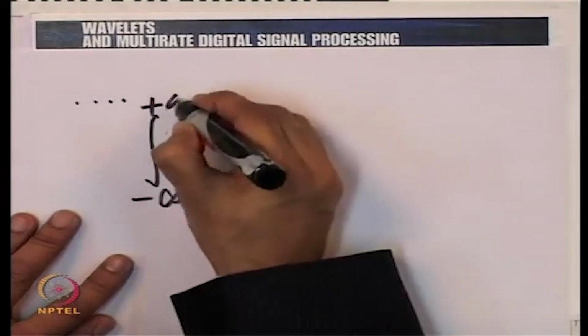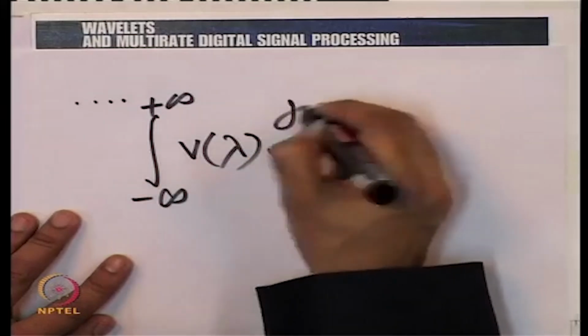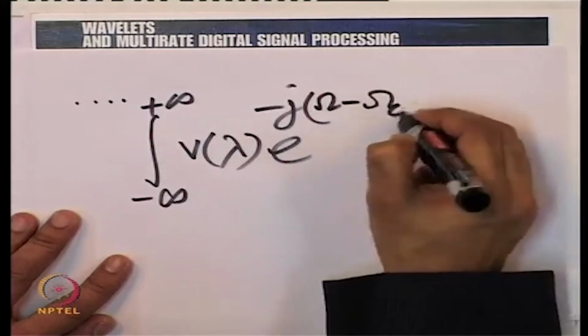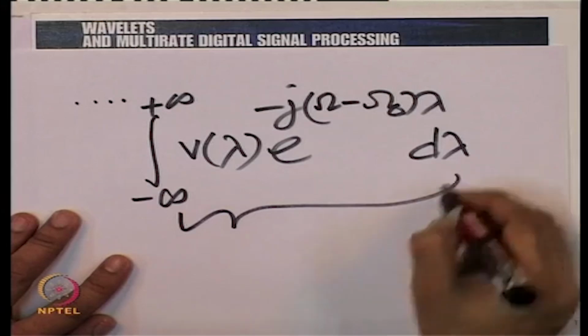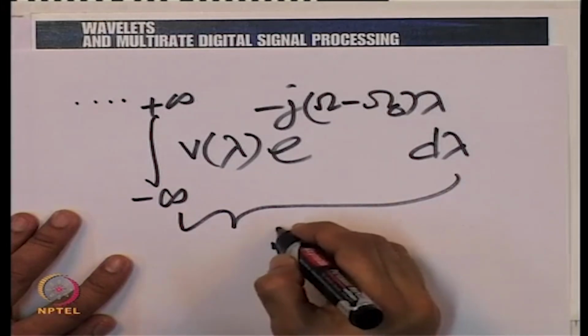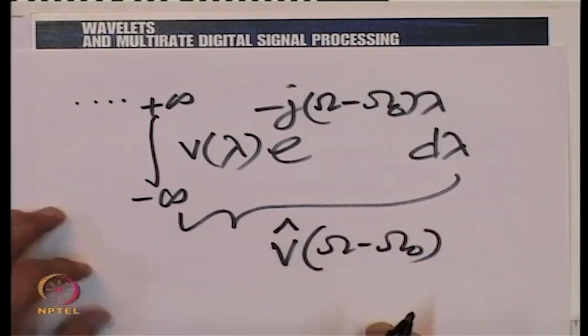That integral is essentially V(lambda) e raised to the power, I will rewrite it as minus j omega minus omega naught times lambda d lambda, which is easily seen to be the Fourier transform of V, but evaluated at omega minus omega naught instead of at omega.